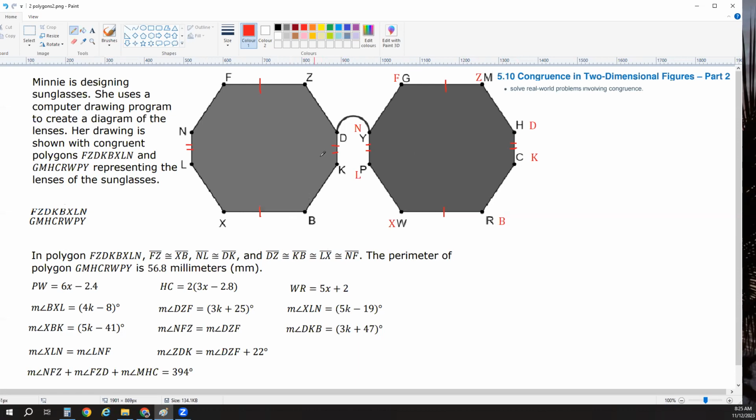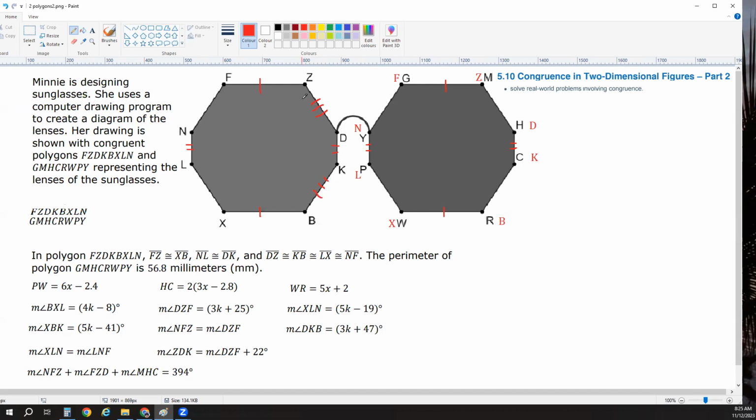Okay. Line segment DZ is congruent to KB. So DZ is this one, and this will be the triple line: 1, 2, 3. And KB is this one, 1, 2, 3.